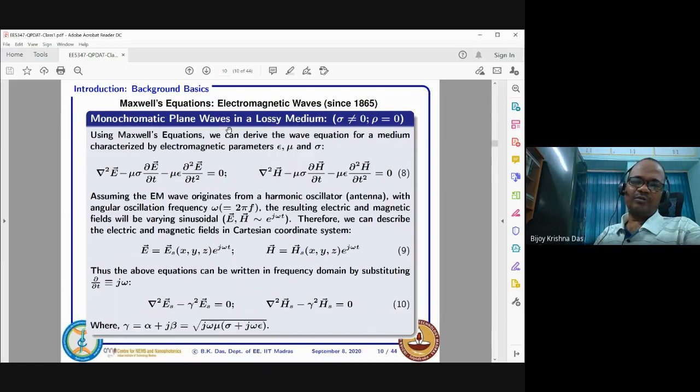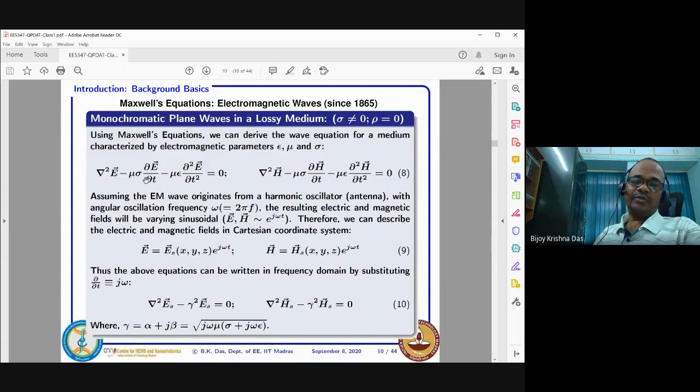If you just start from the actual curl equation, also considering sigma not equal to 0, then you end up with, instead of equations 1 and 2 that you got earlier for the electric field and magnetic field differential equation, something like equation 8. If you separate them from the curl equation, decouple the electric field and magnetic field, both of them will be looking alike again.